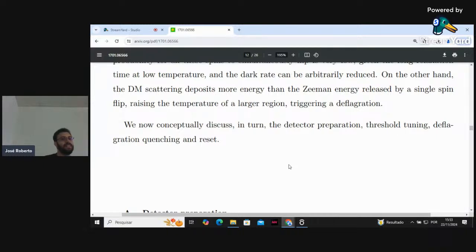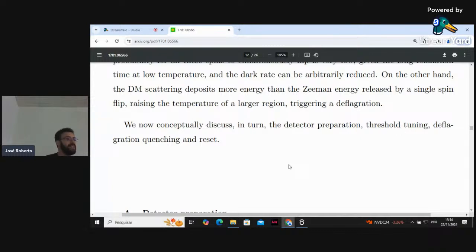It assumes we can have a sensitivity to dark matter energy deposits of around 10 to the minus 3 electron volts to 10 electron volts. This will be the basic threshold for triggering the magnetic deflagration process.